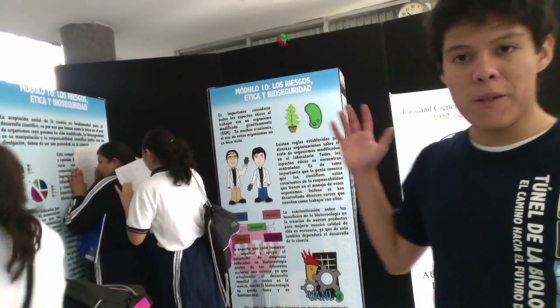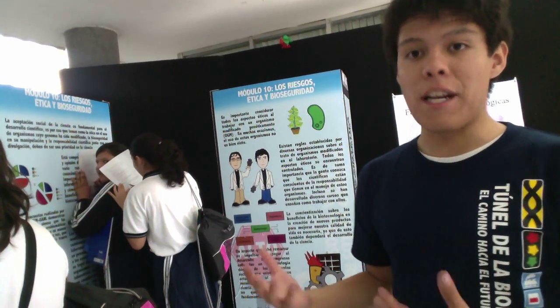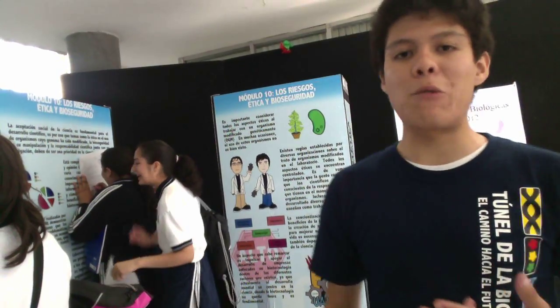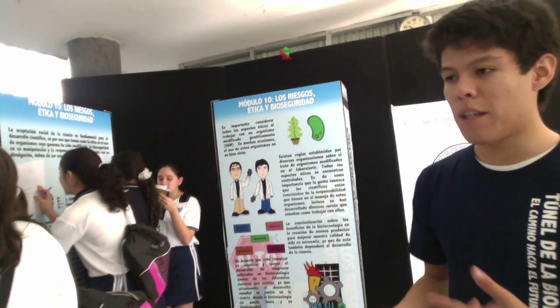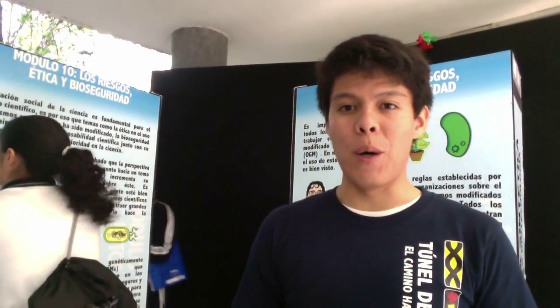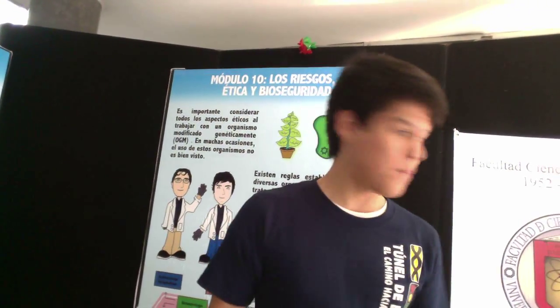There are so many concerns that we have to take into account. And after they learn that biosecurity has to be taken into account, and environmental protection as well, we give them a survey so that we can see in a quantitative manner what they've learned from all this exposition that we are making. And then we move to the last place.